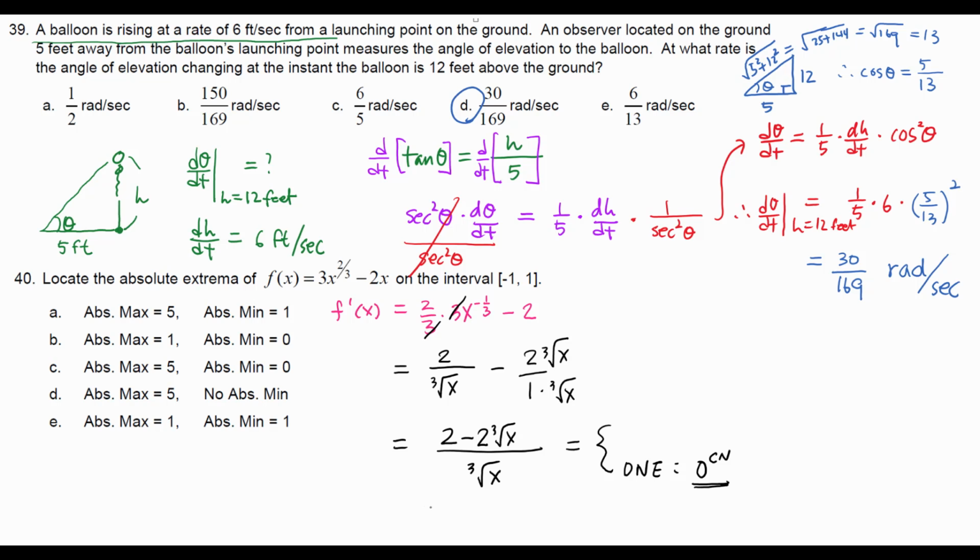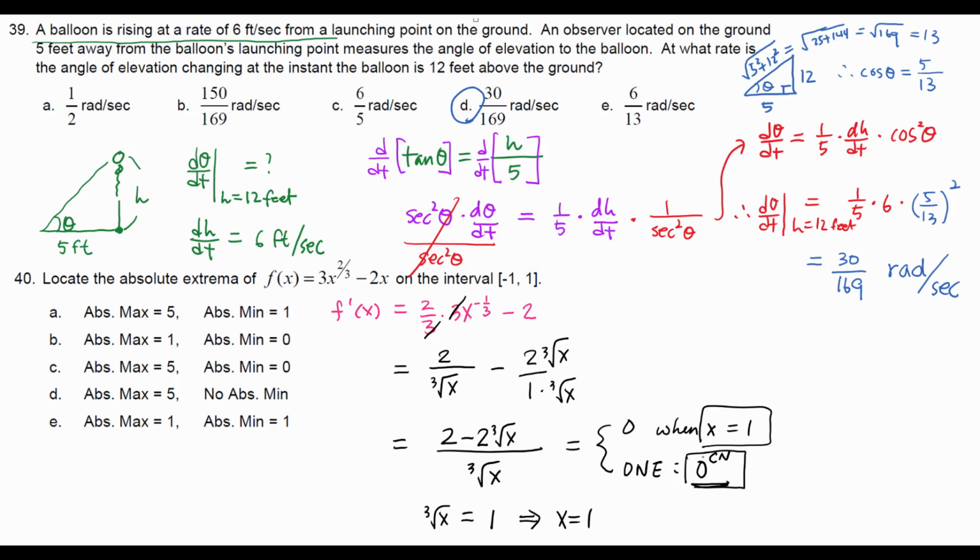The numerator is 0 if the cube root of x is equal to 1. That would imply x equals 1. So my f prime is 0 when x is equal to 1. So therefore, I have two critical numbers, x equals 1 and x equals 0. But you can see one of my critical numbers happens to be my endpoint too.